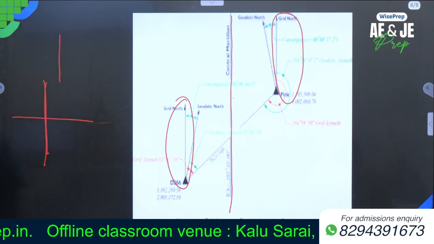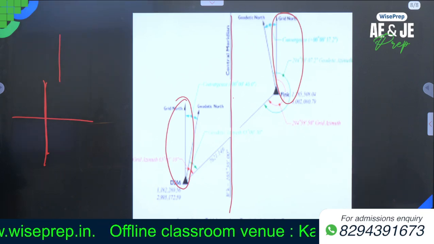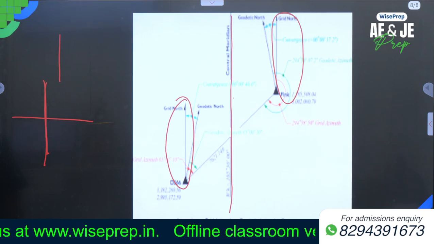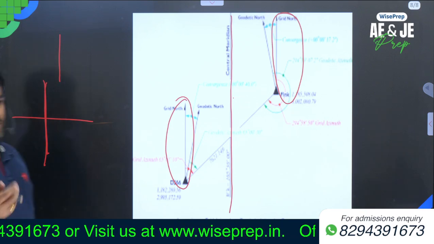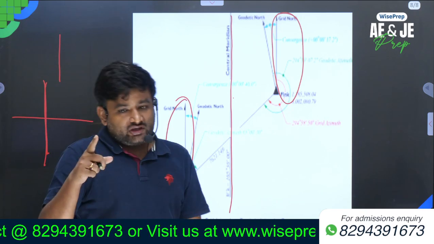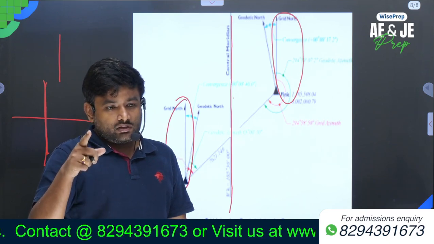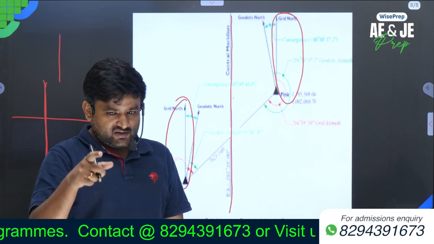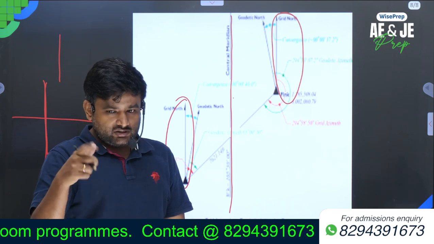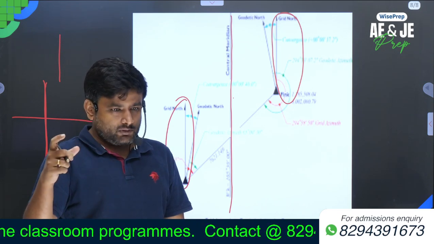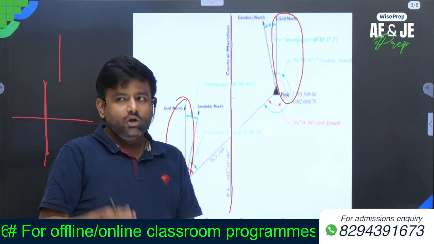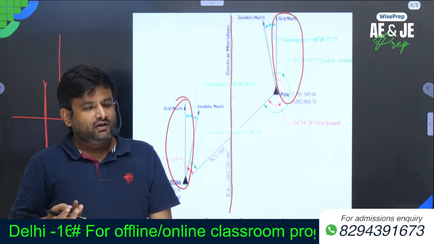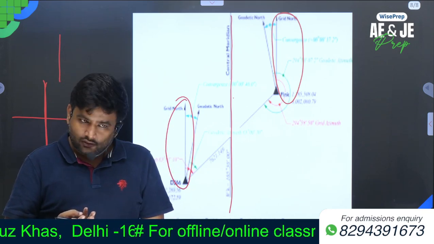Now write down use of compass survey. This can be asked in any state AE second paper also. That means conventional type of questions, where it's a written descriptive type paper, short note questions, not objective. So first, to find the magnetic bearing of a line, we need compass survey.